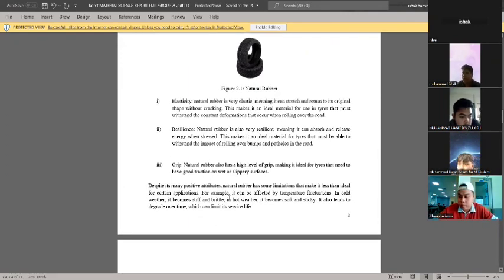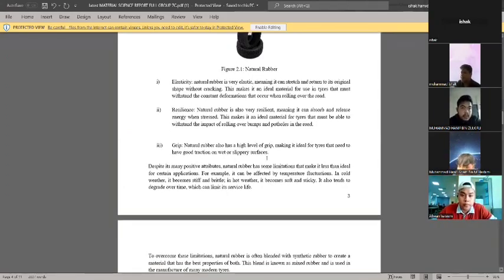Natural rubber also has a high level of grip, the ability to maintain traction on the road surface. A tire with good grip is able to maintain a strong connection with the road. Tires with a deeper tread pattern and a softer tire compound tend to have better grip.